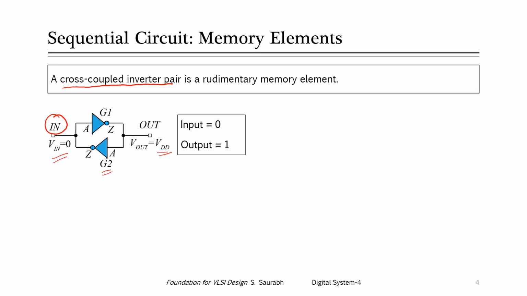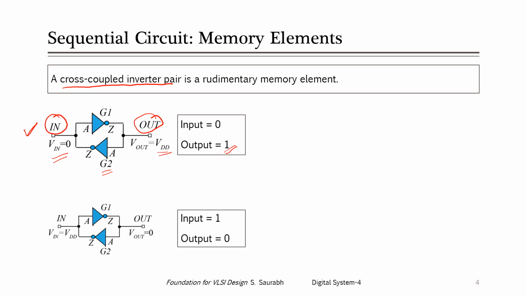So given an input of logic 0, the cross-coupled inverter pair will produce an output of logic 1, or equivalently a voltage level of VDD.